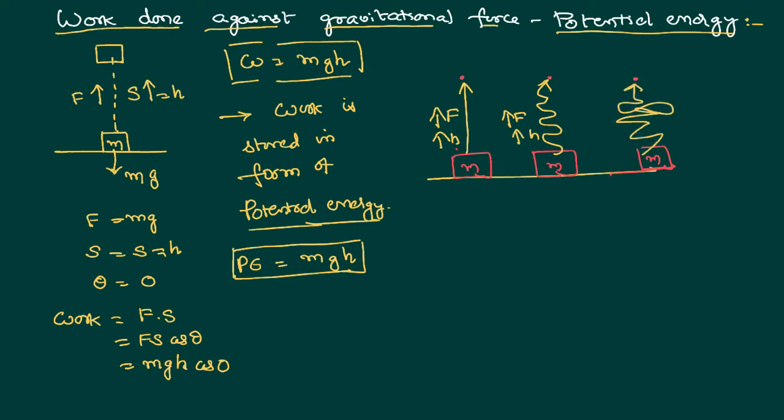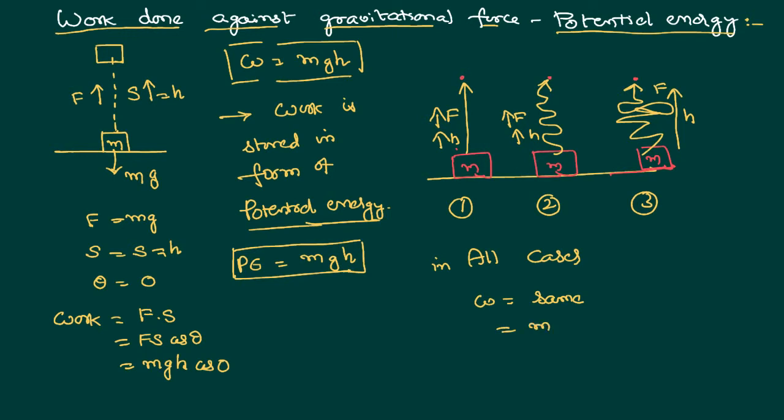Let us imagine you have applied the force this way. But anyway, in all these cases the displacement is the same. As the force and displacement are the same in all these cases, we can say the work done is the same, equal to mgh. Therefore, the potential energy is also equal to mgh. So the point to be concluded is that work done is independent of path.